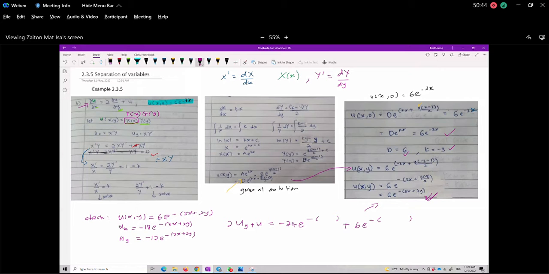Minus 24 plus 6 is minus 18, so minus 18 e to the power of that. This is u_x, sorry. So it's true: 2u_y plus u equals u_x, or u_x equals 2u_y plus u. Okay.